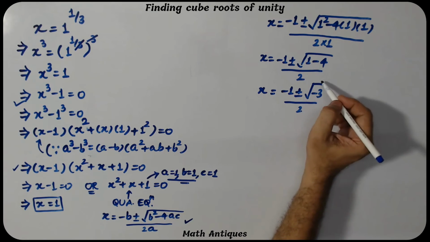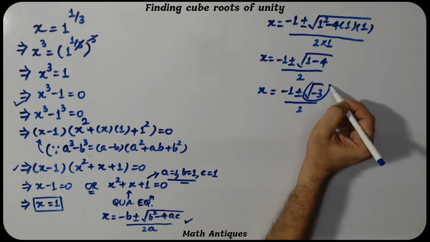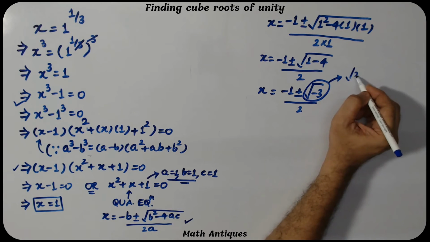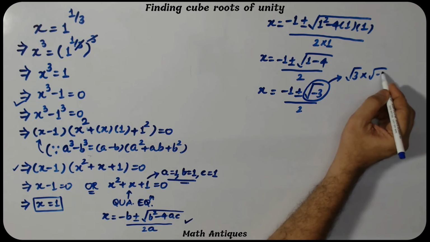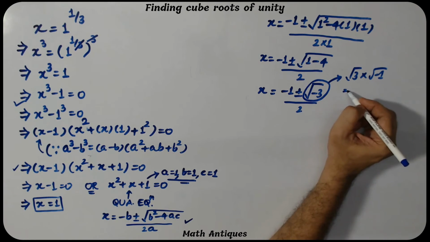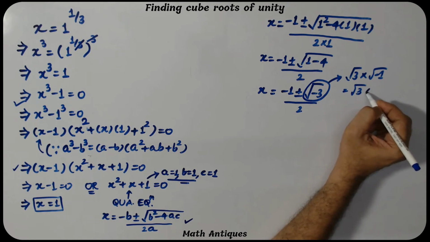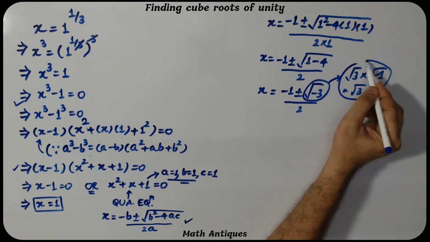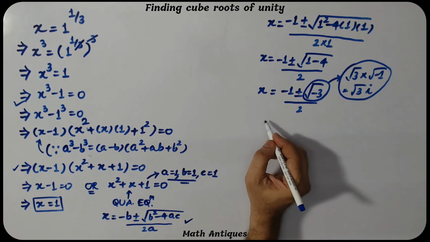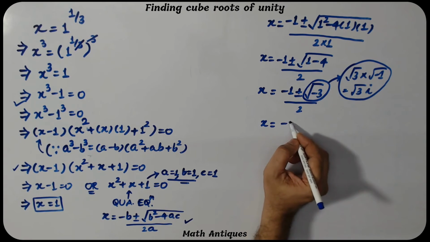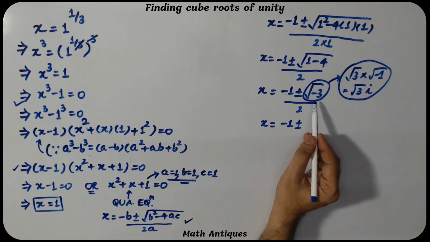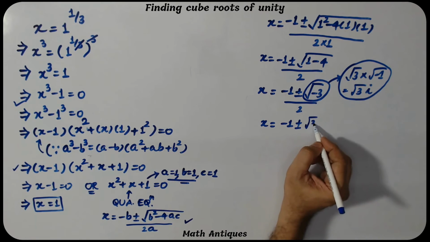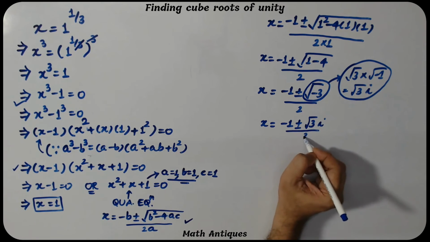Now here you have to be very careful. We know that root of minus 3 can be written as root of 3 into root of minus 1. And as we know, root of minus 1 is nothing but i, the imaginary number. So you have to use this result in the further steps. And therefore you can say x is equal to minus 1 plus or minus square root of minus 3, now can be written as root 3 times i, by 2.